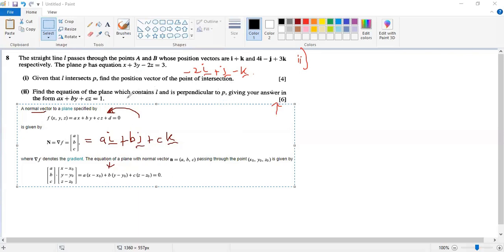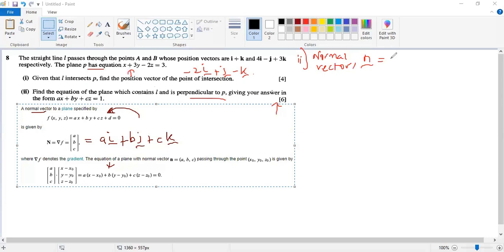So first, let's talk about the normal. What is the normal equation first? The normal vector, the n, is based on the equation of a plane, and it's perpendicular to plane P. So I just read off the coefficients.